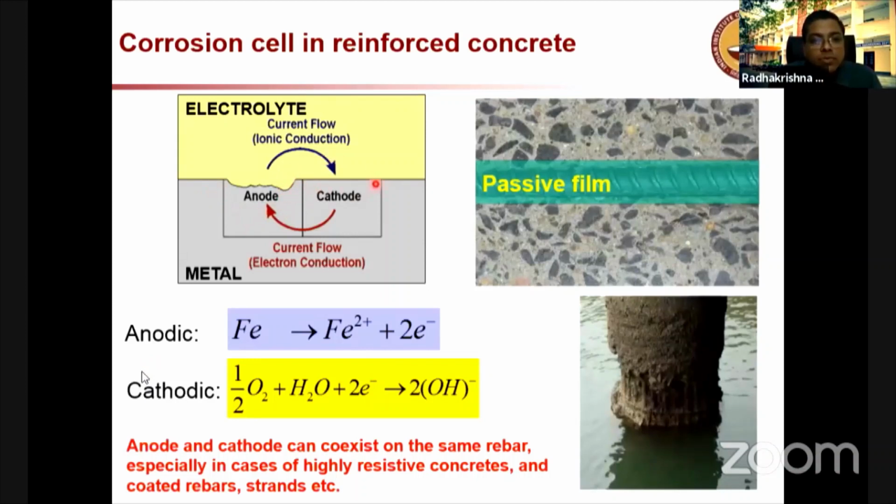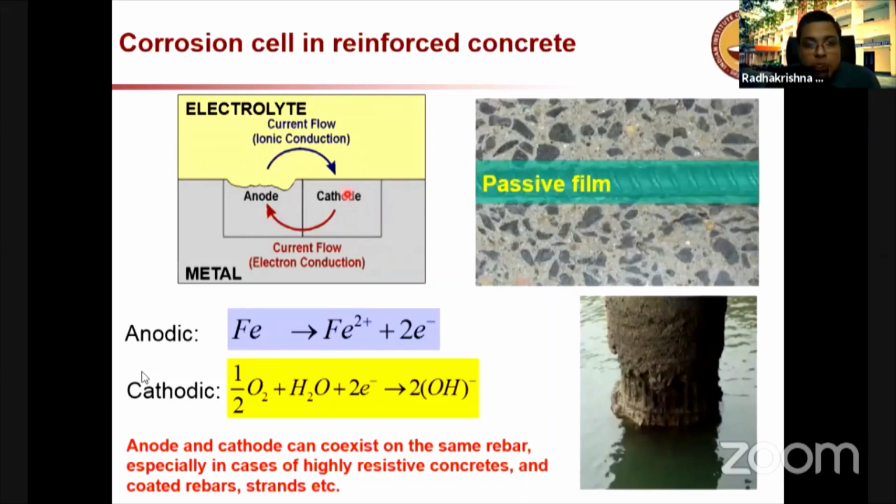Cathode is the region of the steel which is helping the anode to corrode. And the metal itself plays a role as an electronic conductor between the anode and the cathode, and the cementitious system around provides the medium for the ionic conduction.